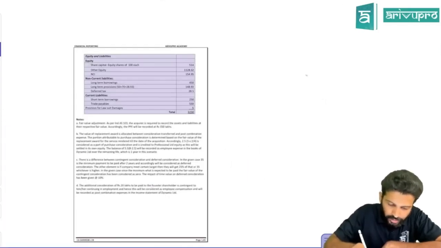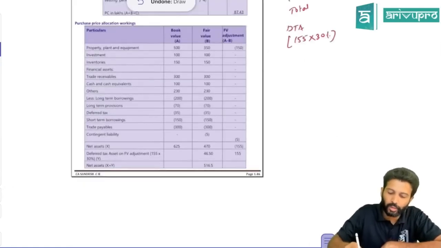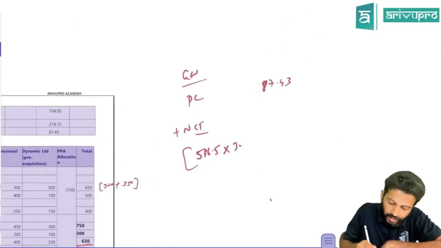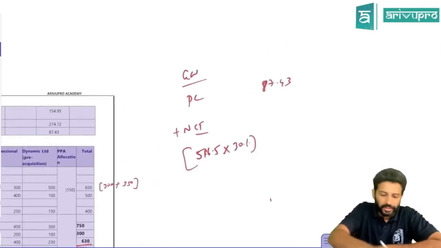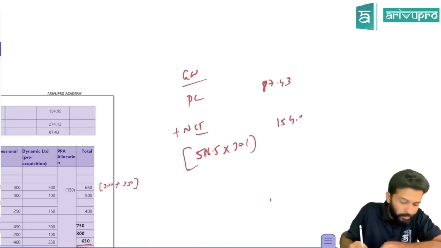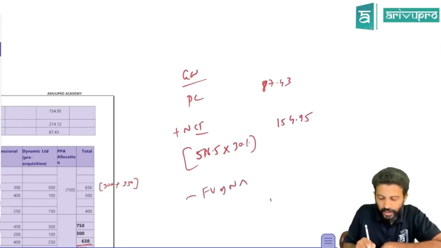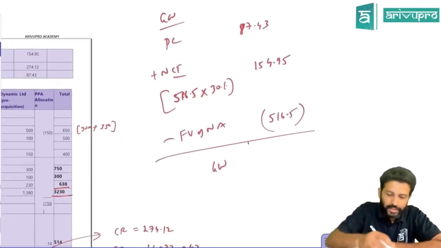Yeah, the parent owns 70%, which means NCI will own 30%. So you will value it on the PSNA basis. 516.5 into 30% will give you how much, sir? 154.95. Okay. Deduct the fair value of net assets that we just got, 516.5. If you do this, what are you going to get? I think the balancing figure will be how much?